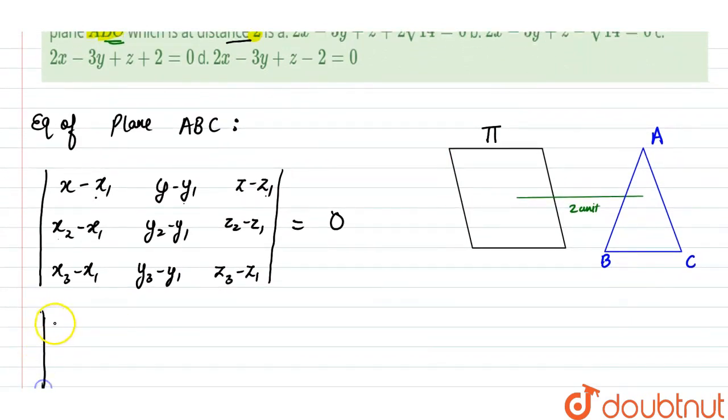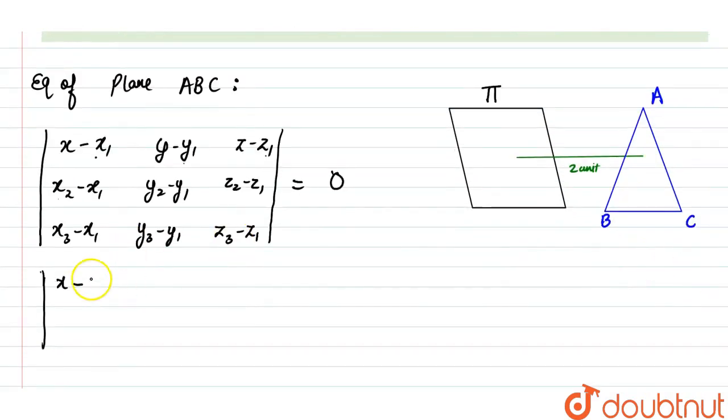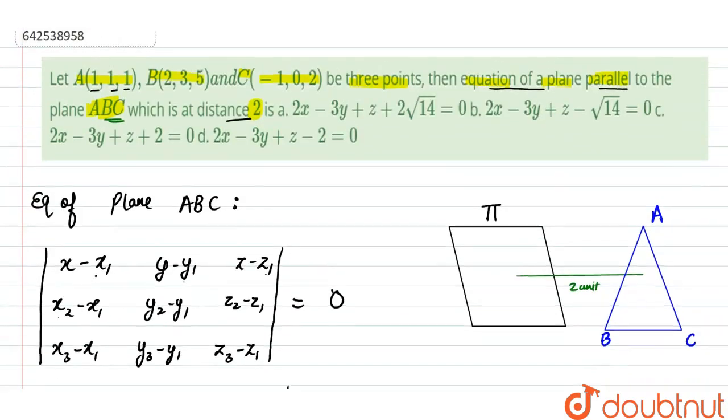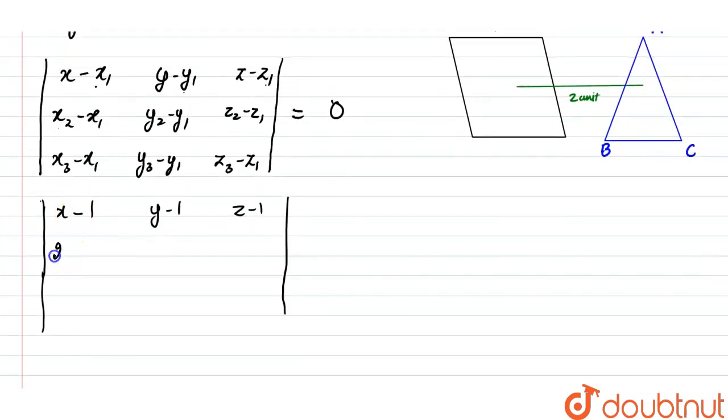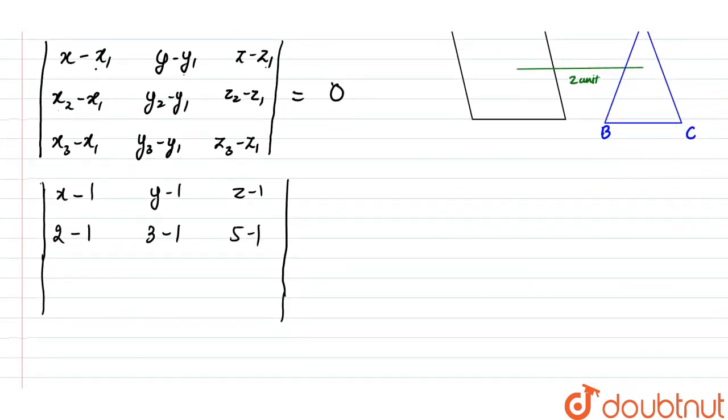So x minus x1, where x1, y1, z1 is 1, 1, 1. So this will be 1, this will be 1, and this will be 1. Now the coordinates of B are 2, 3, 5. So this will be 2 minus 1, 3 minus 1, and 5 minus 1. And the coordinates of C are minus 1, 0, 2.